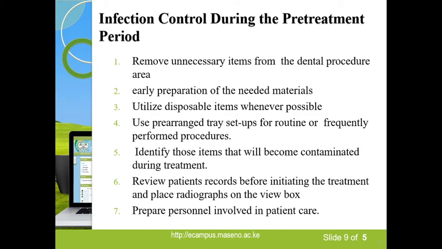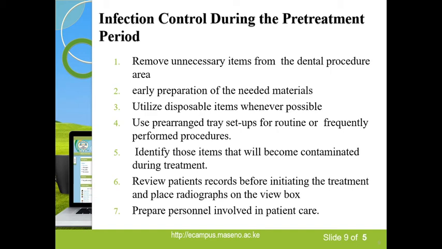Now, another way of infection control before a procedure is to utilize disposable items whenever possible. If it is possible, the items that should be used should be disposable, such that there is no reuse. Now, use prearranged tray setups for routine or frequently performed procedures. Usually it is also easy to even autoclave the sets as they are.